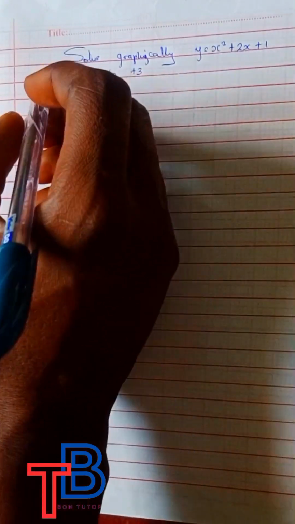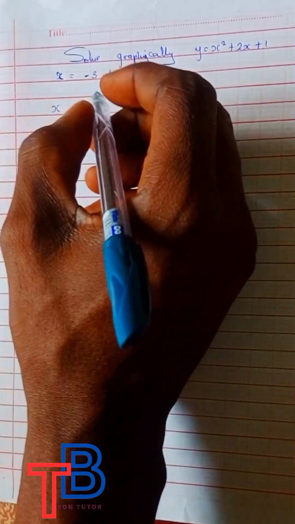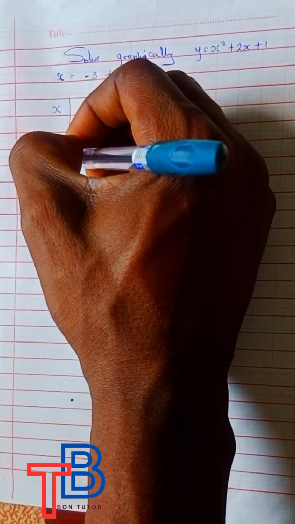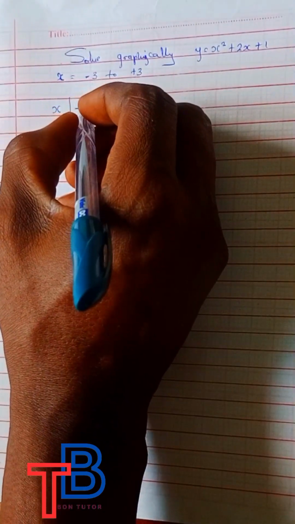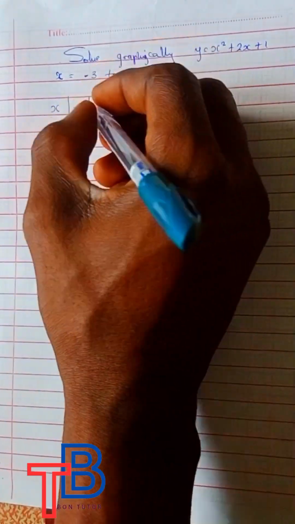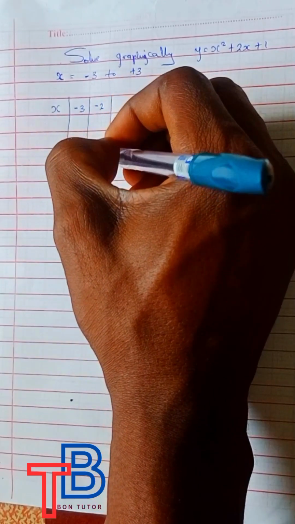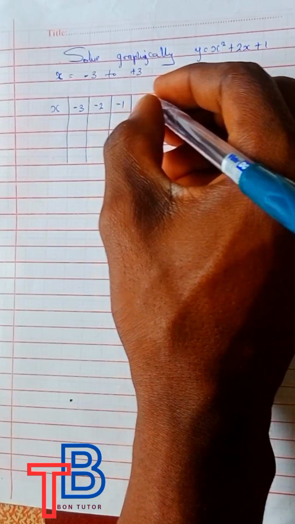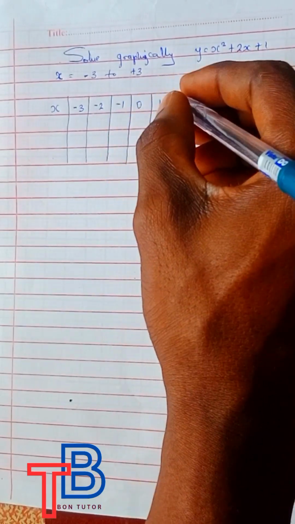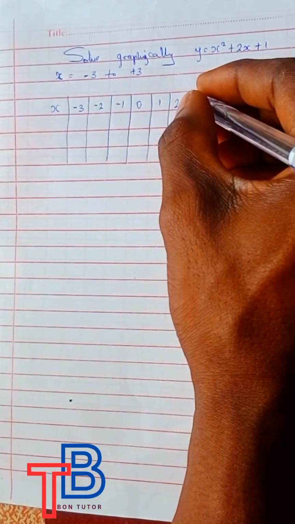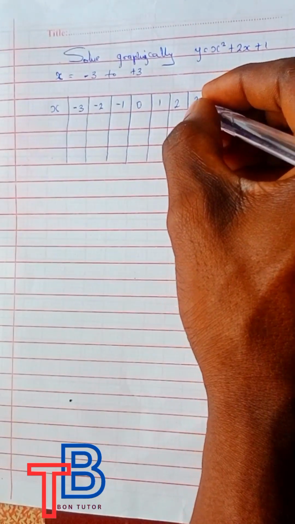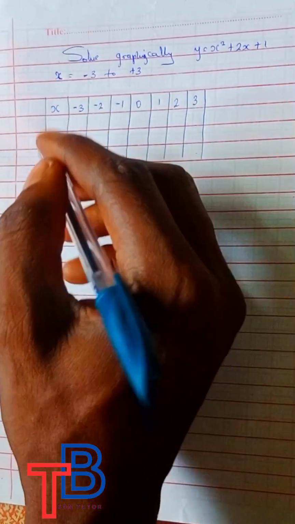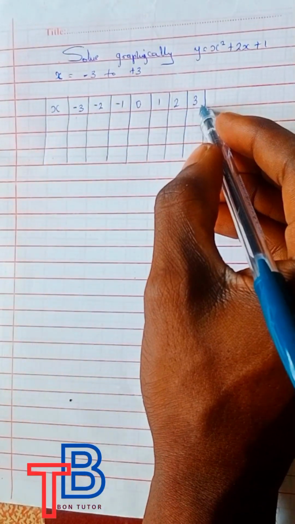So the table of value will start with our x, and you have the value of your x to be -3, -2, -1, 0, 1, 2, and 3. That is, we are looking for the value of y when x ranges from -3 to 3.